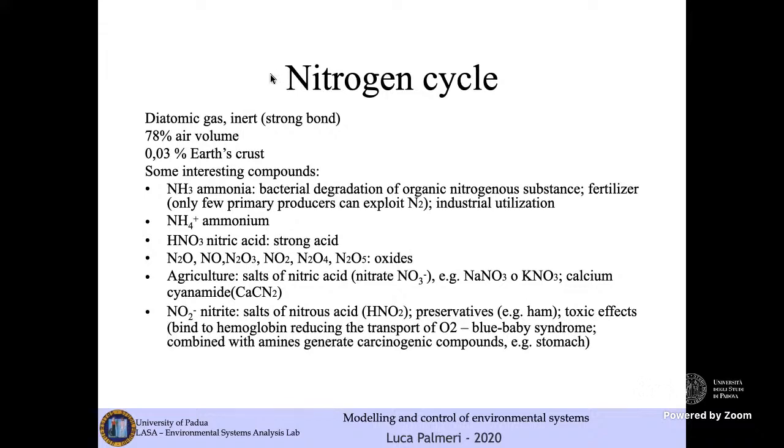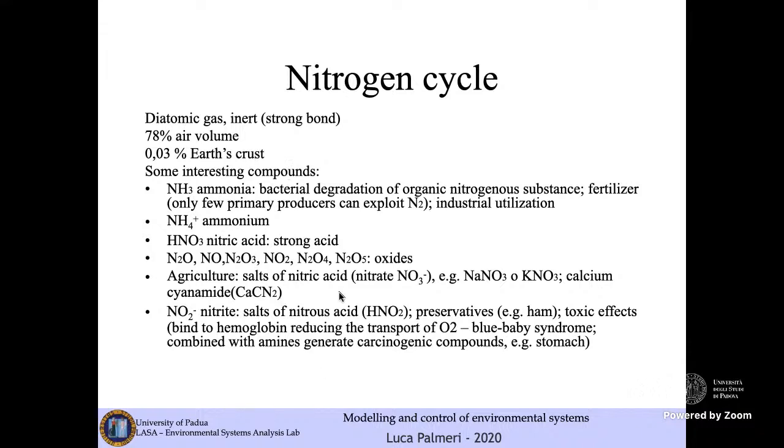Nitrogen cycle describes the balance of diatomic gaseous nitrogen, that is, as I recall you, 78% of the air volume, and only 0.03% of the earth crust. Some interesting compounds of nitrogen, of course, you know, are ammonia, or the ammonium ion, or nitrate, nitrite, or various nitrogen oxides.